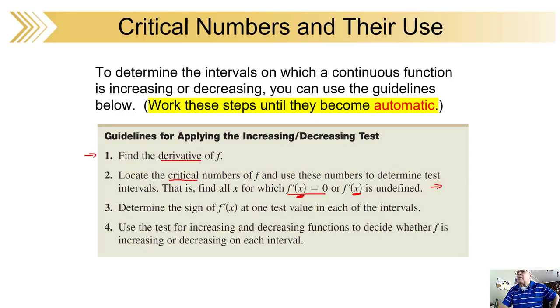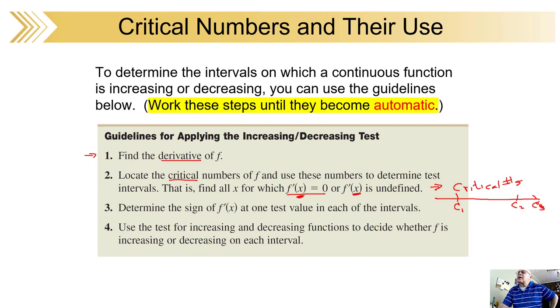These critical numbers, if you look at a number line and you've got some critical numbers in here, say that's critical number 1, critical number 2, maybe critical number 3.